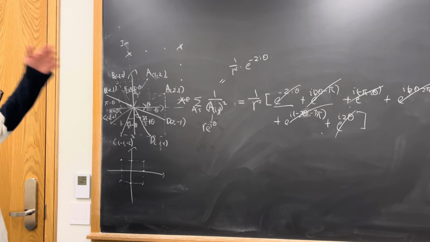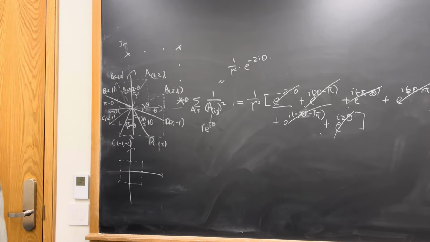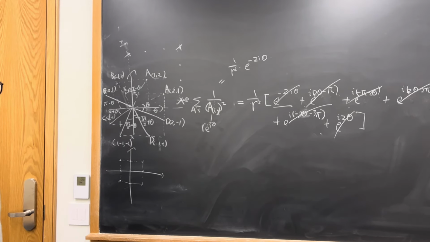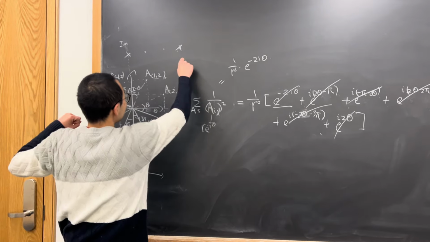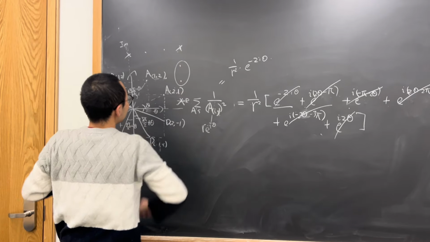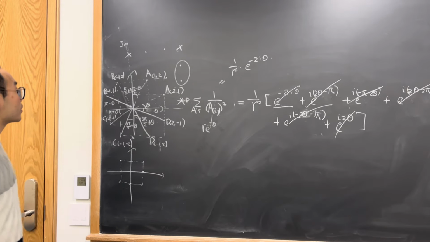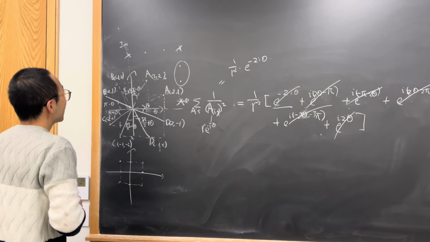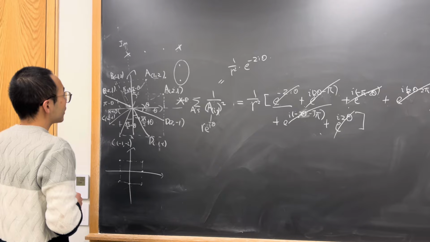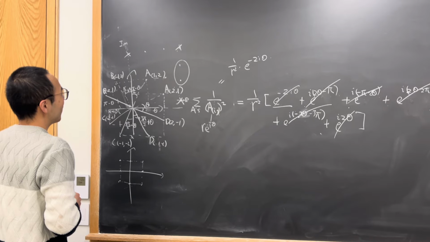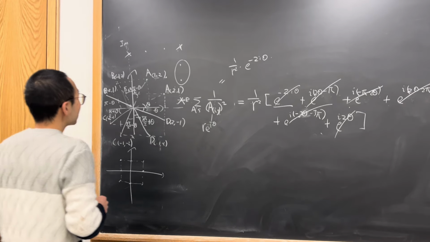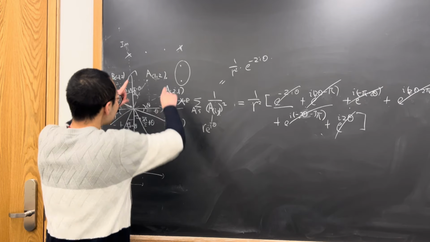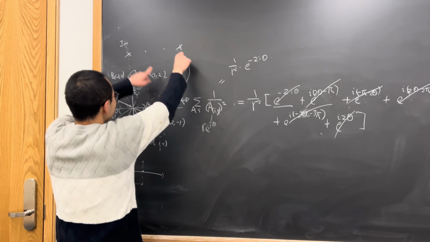After you delete them, what's left is exactly, in this specific case, only 2 points on each segment. I call it a segment, and there are a total of 8 pieces of segment.